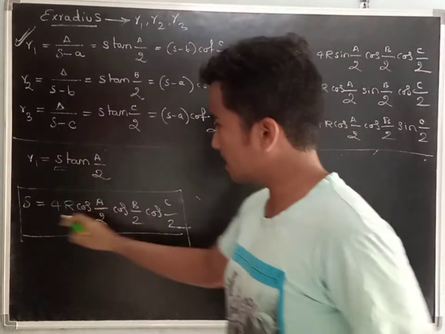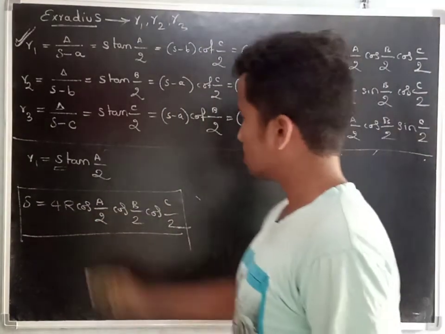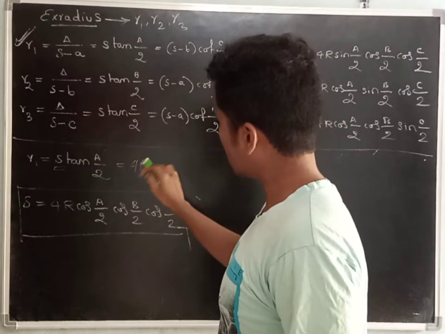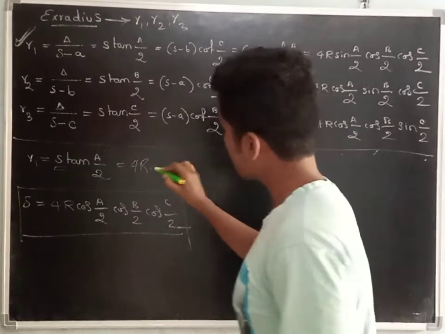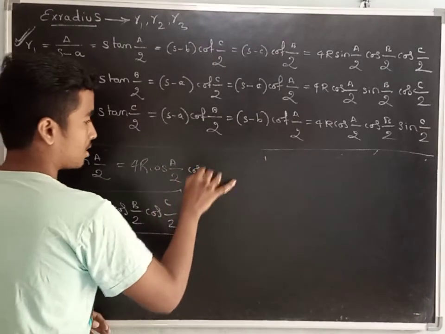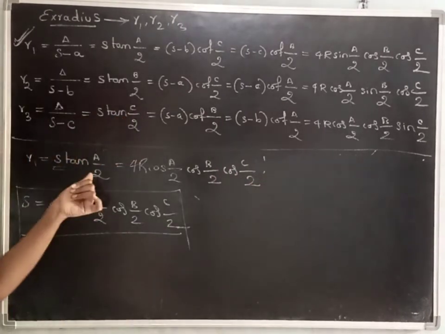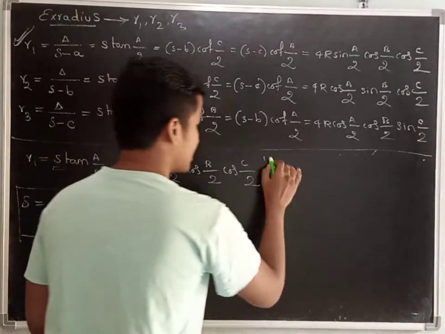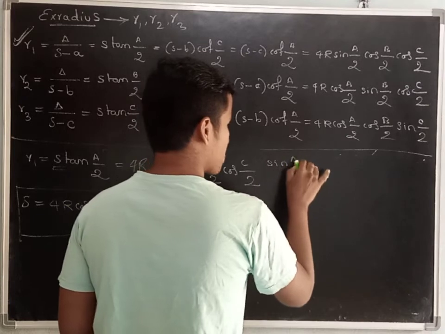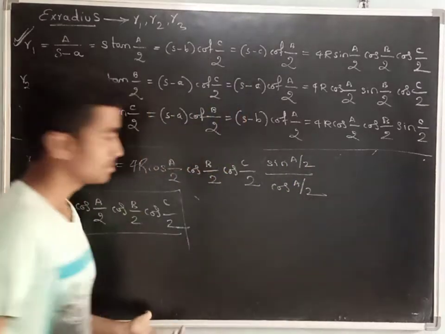S into tan a by 2. S is nothing but 4r cos a by 2 cos b by 2 cos c by 2, into tan a by 2. Tan a by 2 can be written as sin a by 2 by cos a by 2, right?